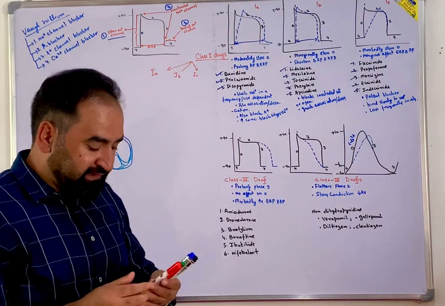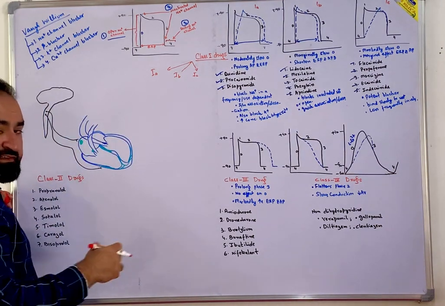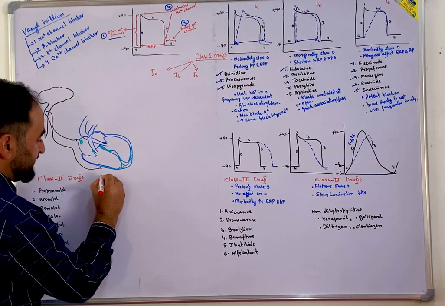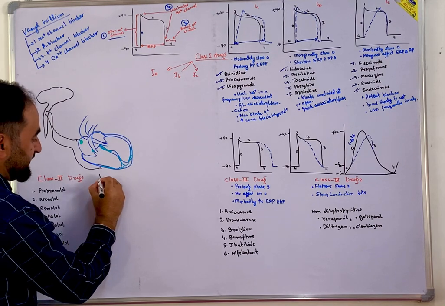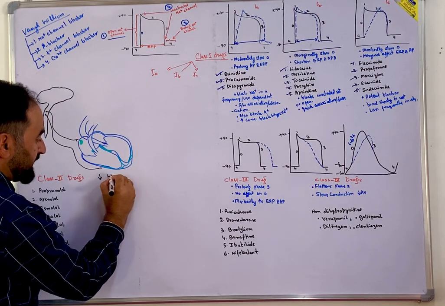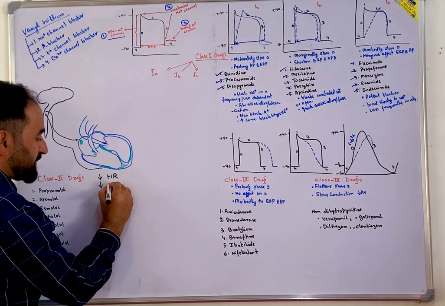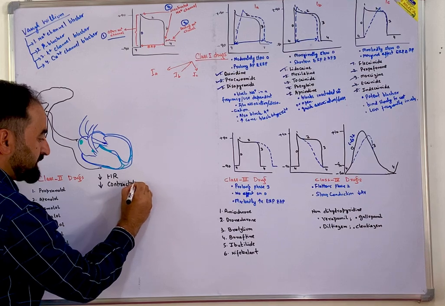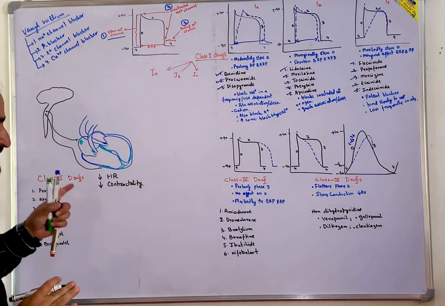So beta blockers decrease the heart rate and decrease the contractility.